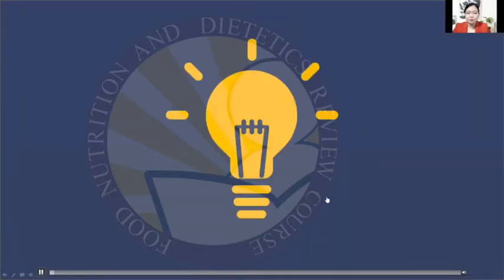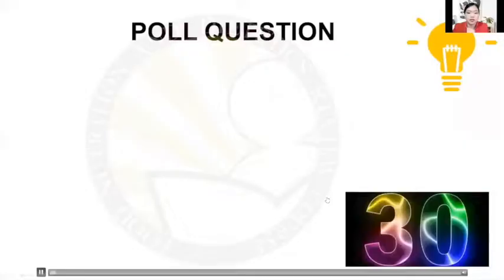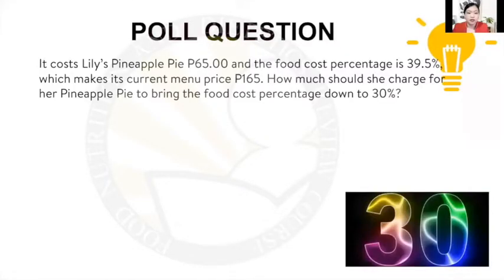Now let us answer this poll question. It costs Lily's pineapple pie 65 pesos, and the food cost percentage is 39.5%, which makes its current menu price 165 pesos. How much should she charge for her pineapple pie to bring the food cost percentage down to 30%?